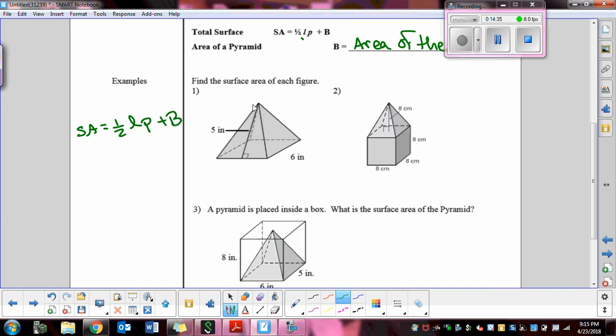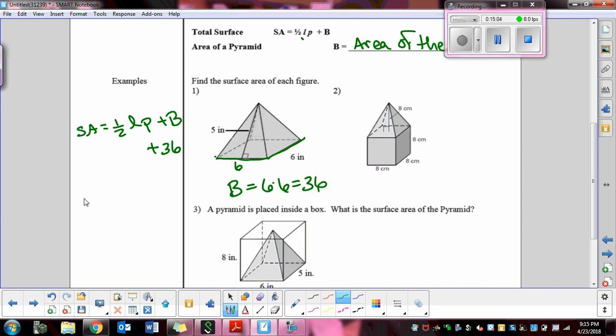So we know that if my base is a square, to find the area of a square, it's just going to be multiply the two sides. If this side's 6, then this side is 6. So we're going to multiply them. 6 times 6 is 36. So I'm going to write it out here: capital B equals 6 times 6.